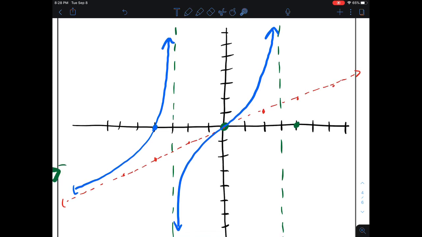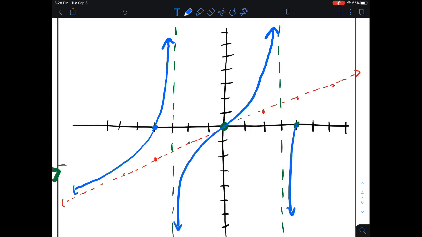Likewise, when I'm at my x-intercept at 4, I know that I cannot work back towards the vertical asymptote and go up because the vertical asymptote does not have a multiplicity of 2, which means that both of these sides cannot point the same direction. They got to go opposite directions. So from this x-intercept back towards the vertical asymptote has to go down.